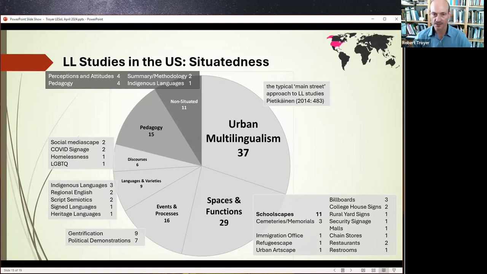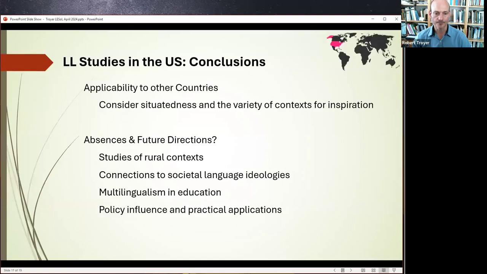There are so many possibilities for discourses and spaces and events and varieties to look at that, like I said, I hope this is some inspiration for people in other countries to do more linguistic landscape research in additional ways.